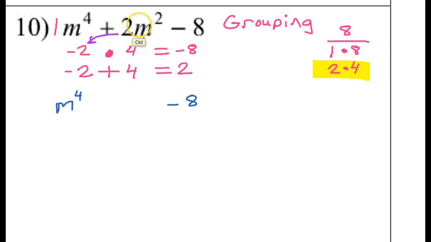So I'm going to take 2m squared and split it up as -2m squared, see the -2, plus 4m squared because of the 4. And look, if I combine like terms, it makes 2m squared, so I haven't changed anything.